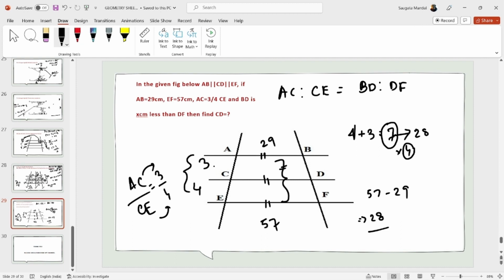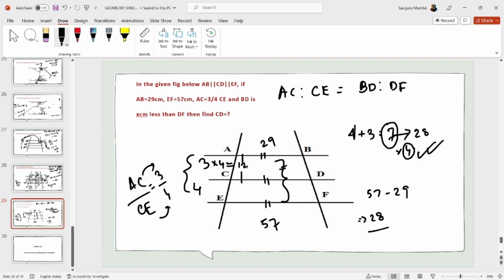That means 3 multiplied by 4, that means 12.